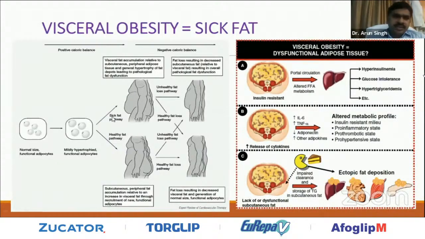So this is how visceral obesity leads to adipocyte dysfunction.